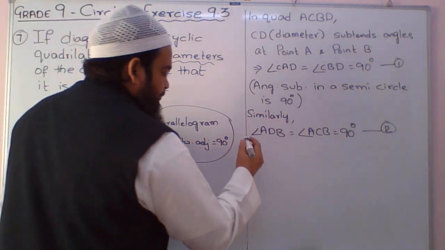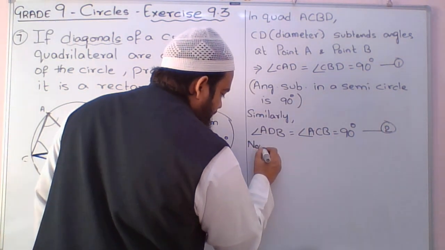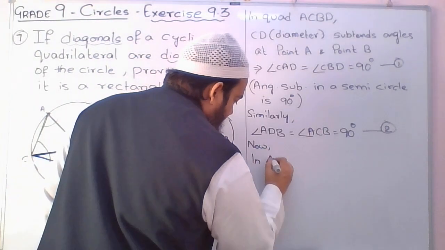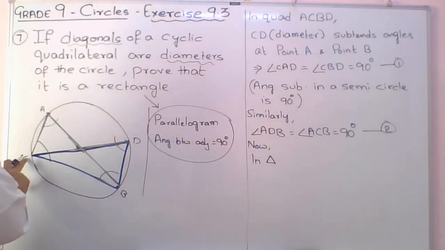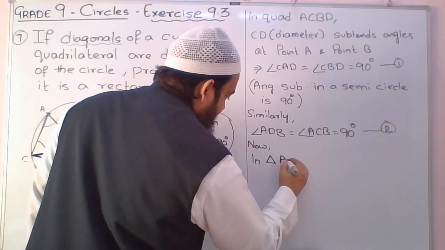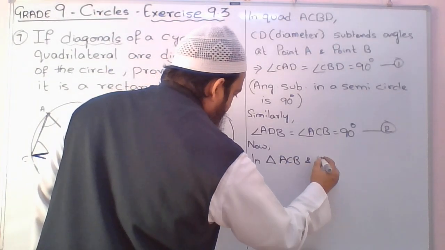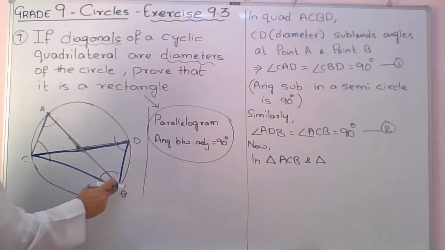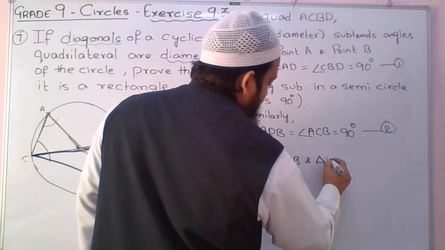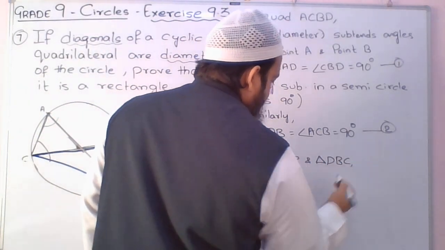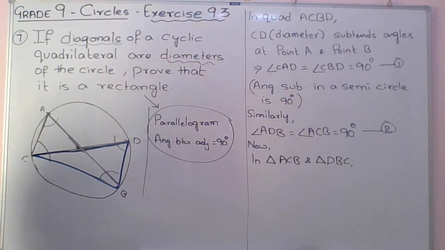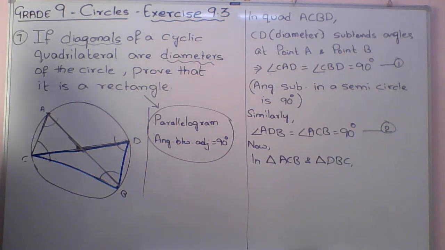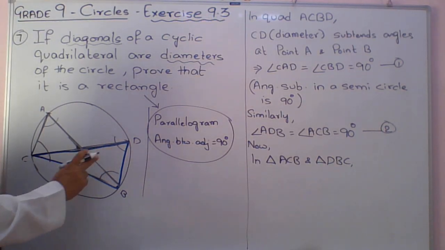Now, everybody listen. In triangle ACB and triangle DBC, let us prove that the opposite sides are equal.